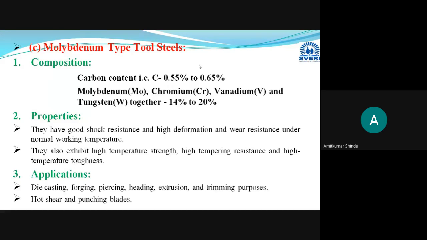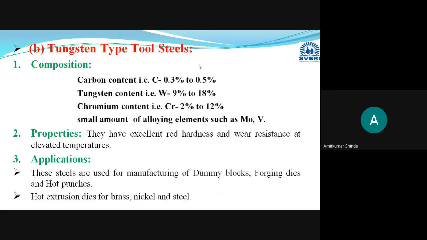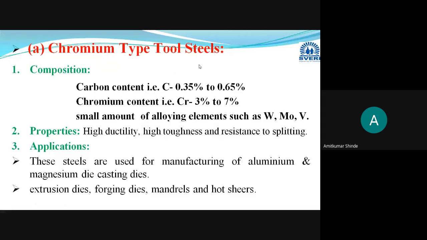Here this molybdenum type tool steel has some better properties, like vanadium will be present in a little bit more amount. In the previous two cases we had a very small amount of vanadium and molybdenum.